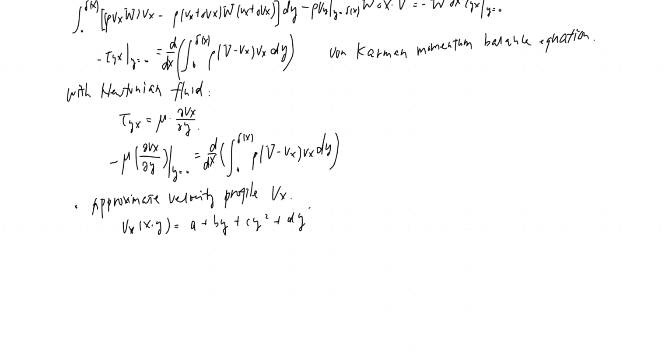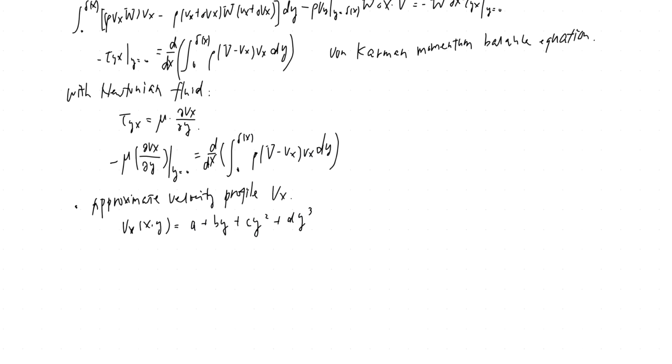So you assume it's a polynomial in y, the highest order is a cube, and you have 4 coefficients to be determined. As you can see, Vx should be a function of x and y, and we only write it in terms of a polynomial in y. That means the coefficients a, b, c, d can potentially be functions of x.